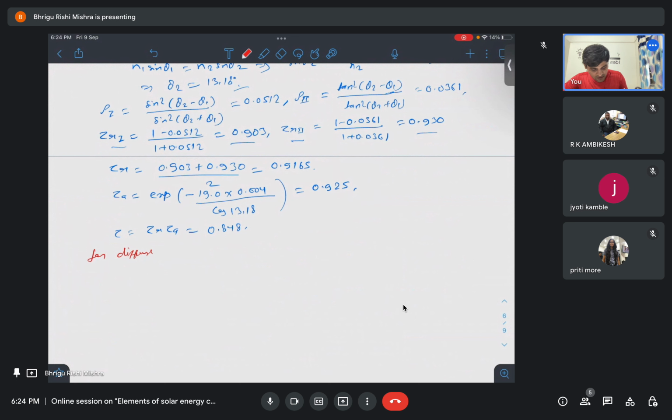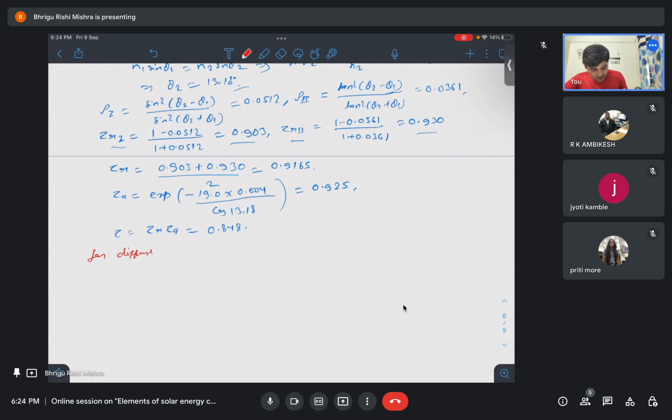This 0.94 is the absorptivity of the plate for solar radiation, which is given in the question itself, this is alpha. Since it is tau alpha divided by 1 minus (1 minus alpha) into rho d, this is the formula. So it turns out around 0.804.